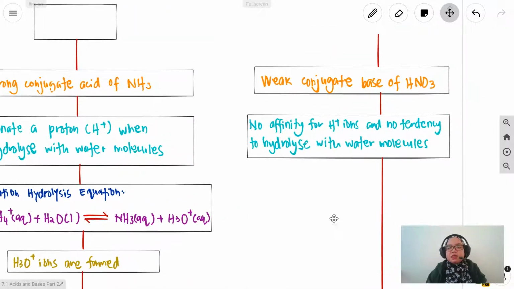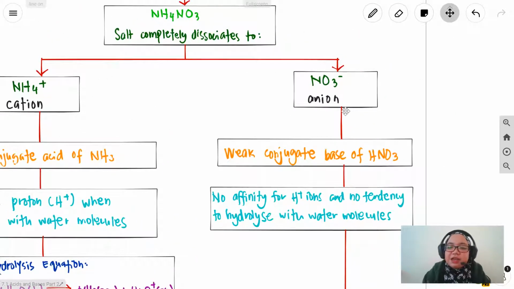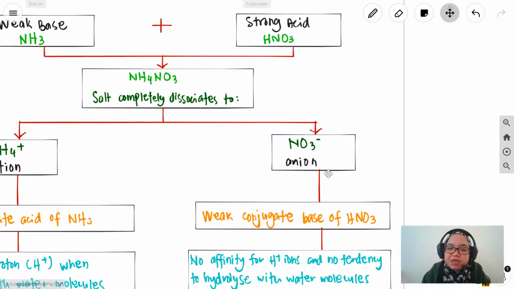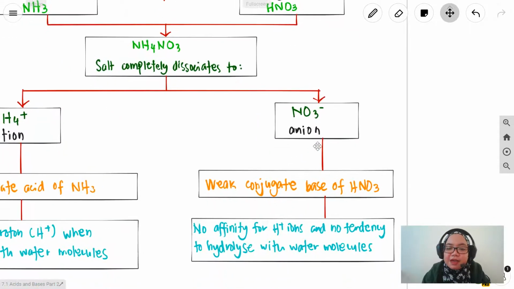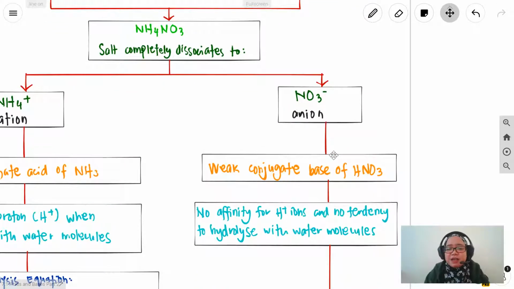Okay, so now let's look at what happened to the anion. The anion, NO3-, is actually a weak conjugate base of the strong acid HNO3. So the strong acid forms a weak conjugate base, the NO3- anion.